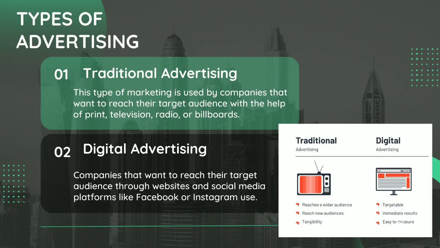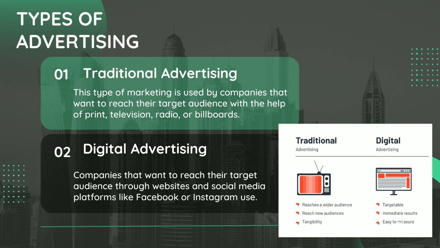Next is the types of advertising. So there are two types of advertising. The traditional advertising. This type of marketing is used by companies that want to reach their target audience with the help of print, television, radio, or billboards. With this type of advertising, people will see it regularly, and it can also be expensive considering the materials needed.